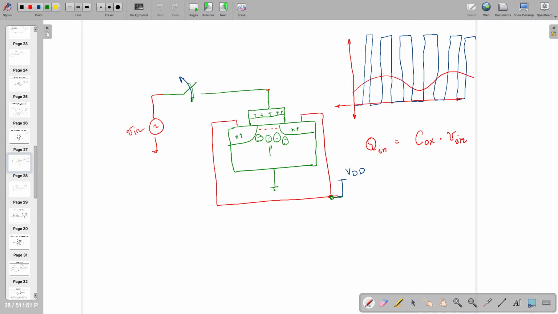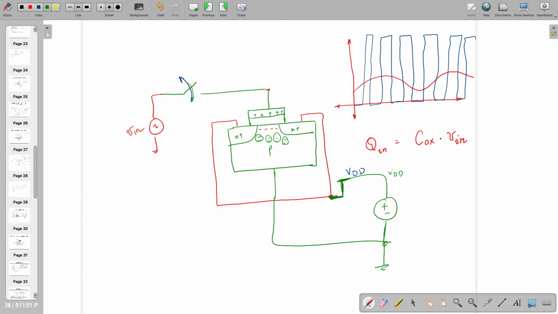This is very high potential, which is like this, right? This is connected to VDD. If this is connected to VDD, what is going to happen?